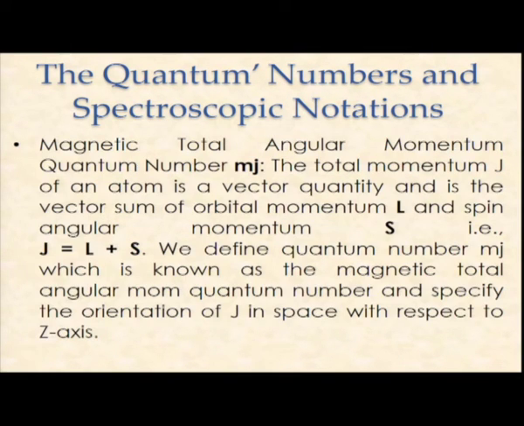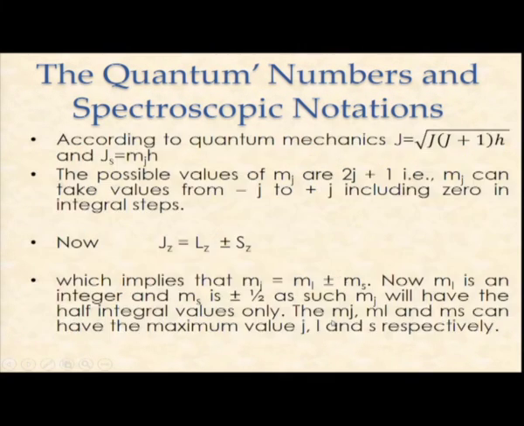The next quantum number is the magnetic total angular momentum quantum number, mj. The total angular momentum of an atom is a vector quantity and is the vector sum of the orbital angular momentum l and the spin angular momentum s. That is, j is equal to l plus s. We define the quantum number mj, known as the magnetic total angular momentum quantum number, and it specifies the orientation of this total angular momentum in space with respect to the z axis.